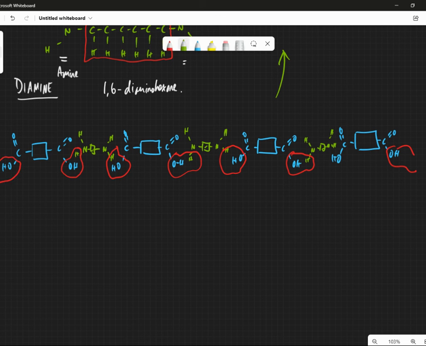So, the magic of chemistry, we're going to get polymerization when these two stick together. And it's going to look like this.